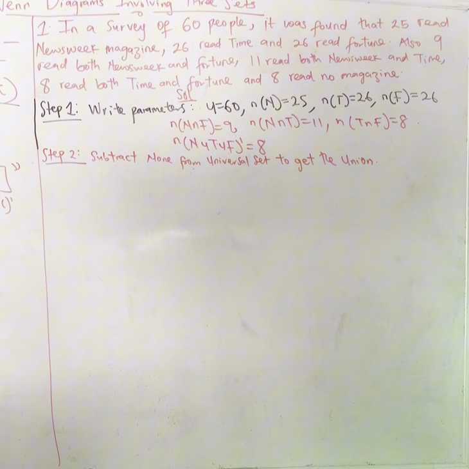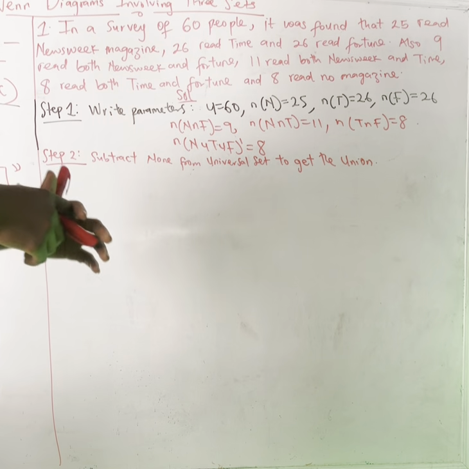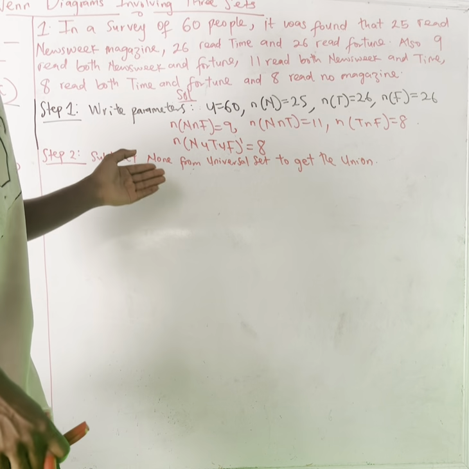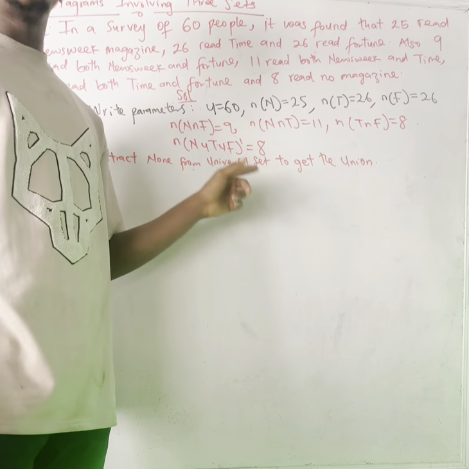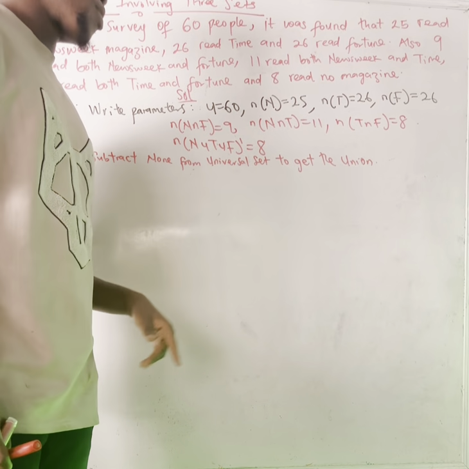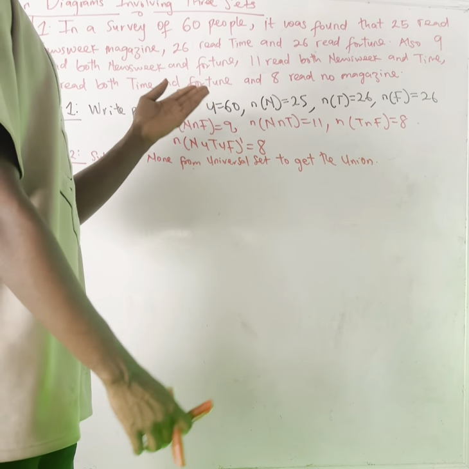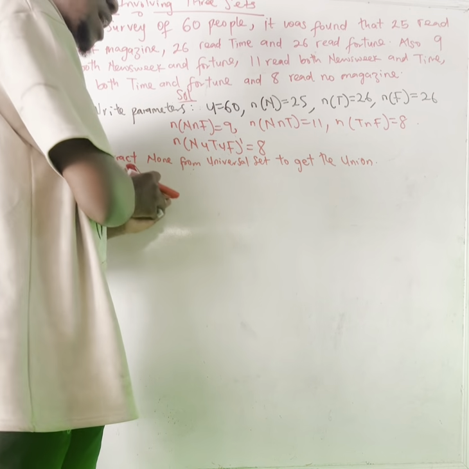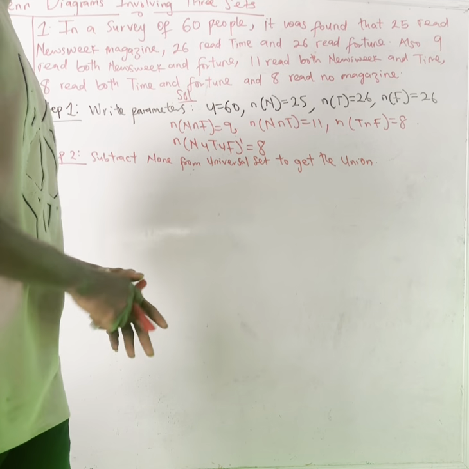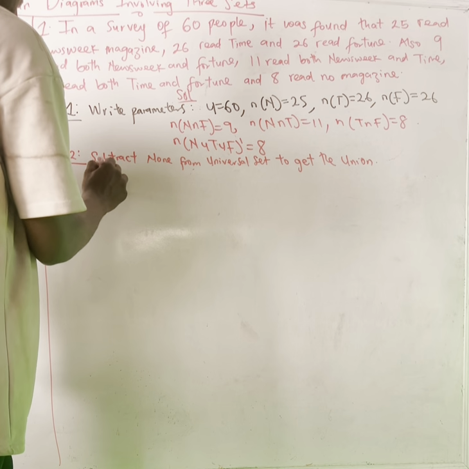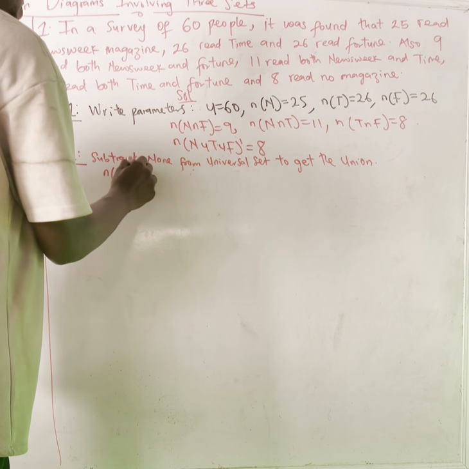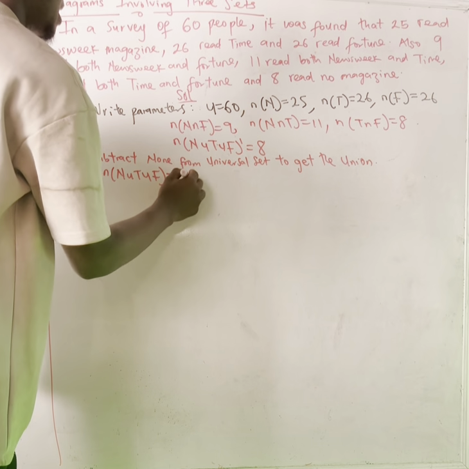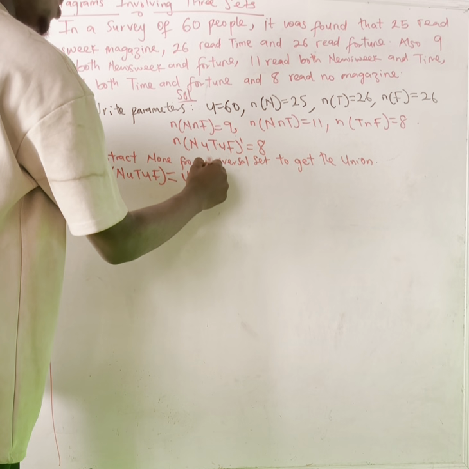Once I've written the parameters, I must remember that if there is a none, before I proceed, I have to subtract this none from the universal set. But if there is no none, my union is going to equal the universal set. But in this particular question, there is none. That simply means that my N union T union F is going to equal this universal set minus this none.